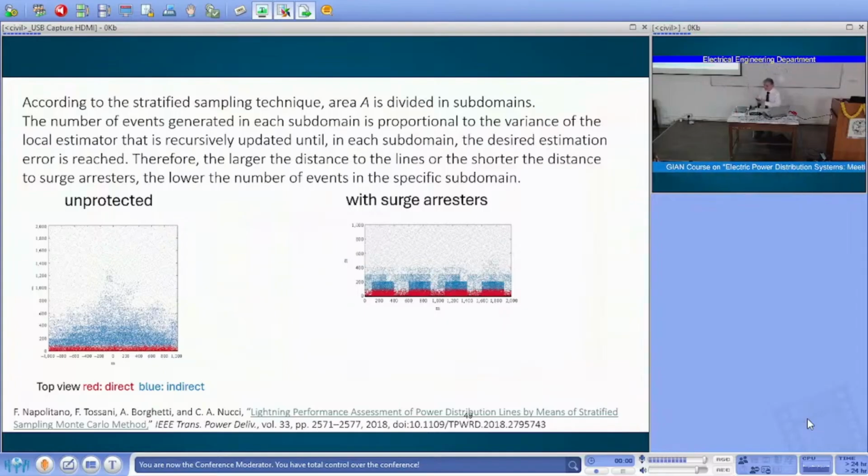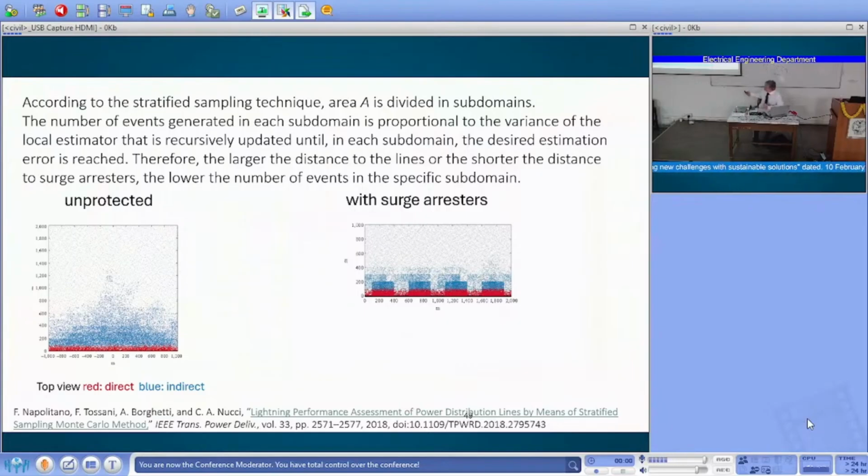The stratified method allows you to concentrate the events where it is needed, with a sound logic based on the variance of the local estimator that is recursively updated. We divide the area in subdomains, until in each subdomain the desired estimation error is reached.